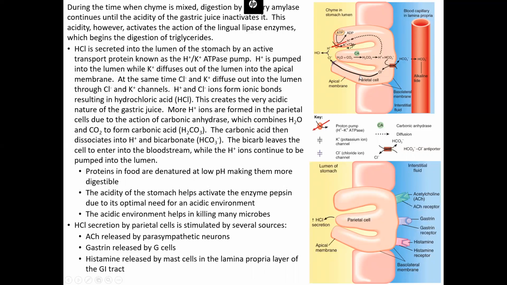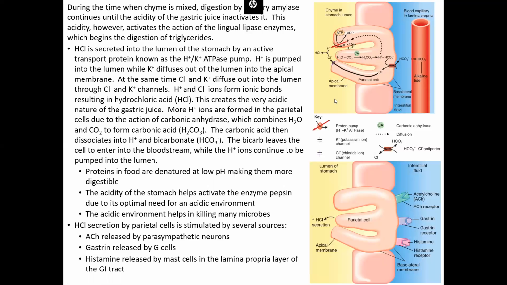Both of them are released by parietal cells, but they don't get released together. The hydrogen ions are released independently thanks to a protein pump called hydrogen potassium ATPase pump, which performs active transport, pumping hydrogen ions against their concentration gradient. Since it's active transport, we know that it requires ATP.